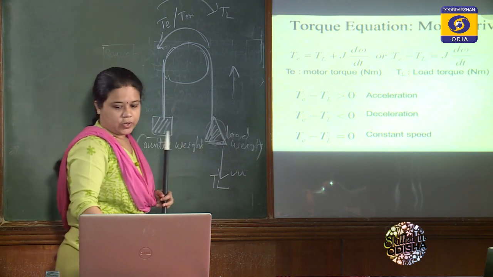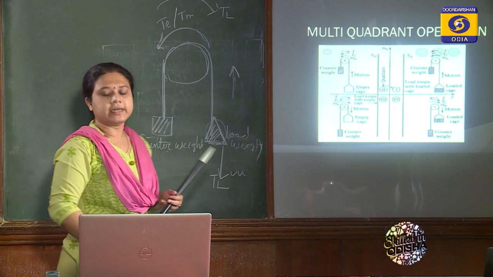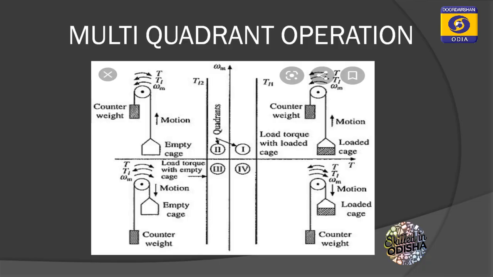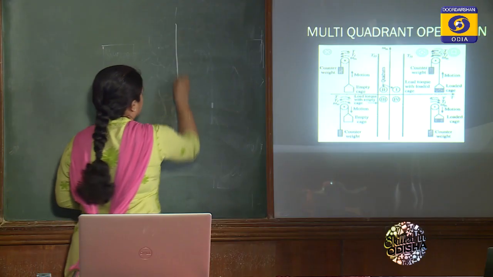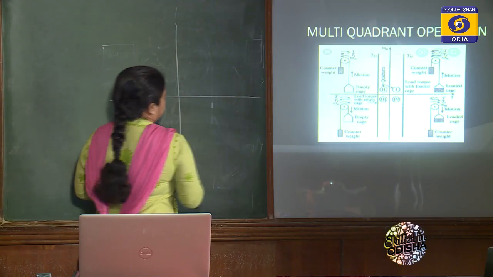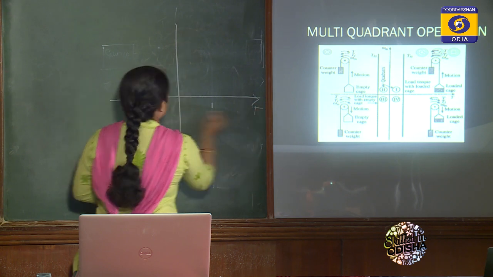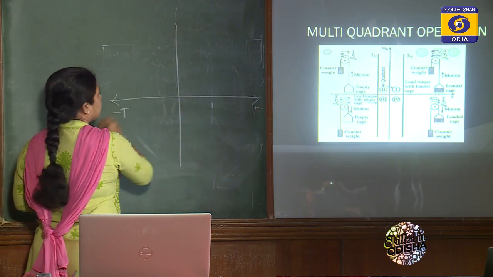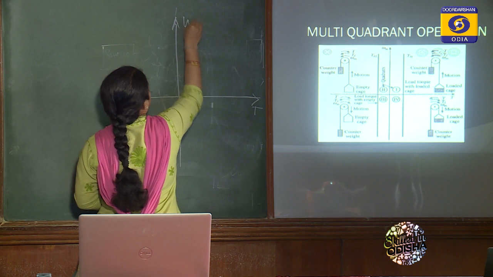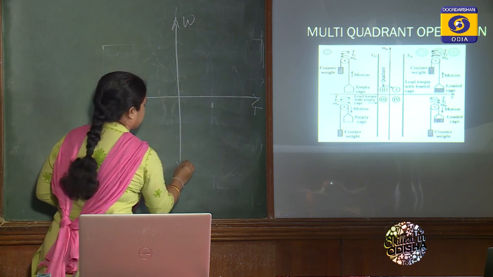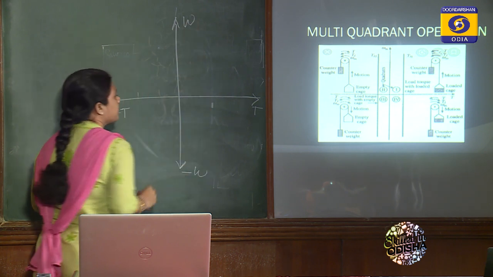Okay, so next is our multi-quadrant operation. So what is this multi-quadrant operation? Before going to multi-quadrant operation, I will tell you: if this one is the torque axis and this one is the negative torque axis, this is our omega, the angular speed, and this is minus omega.